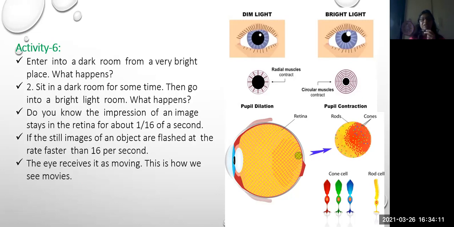So this is the cause: when you get an image, you won't get the next image immediately. Whatever image you have already seen will still be in front of your eyes. So if the still images of an object are flashed at a rate faster than how much? 16 per second. So the eye receives it as moving.